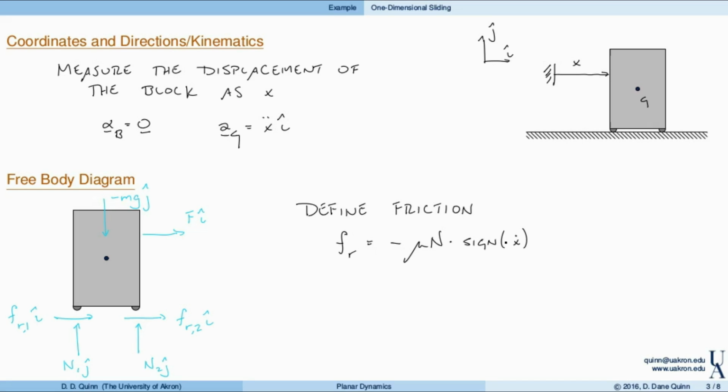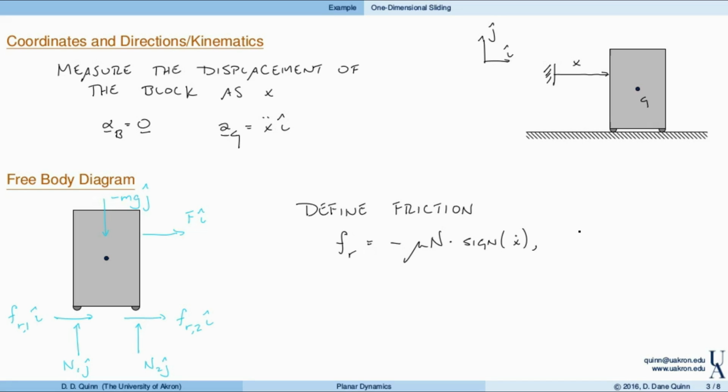If x dot is positive, so that the block is moving to the right, then the friction force is negative. So it again is in the minus i direction. However, if the motion of the block was to the left, so that x dot was negative, then the sign of x dot is minus 1, and then that combines with this, and the friction force is positive so that it is to the right.